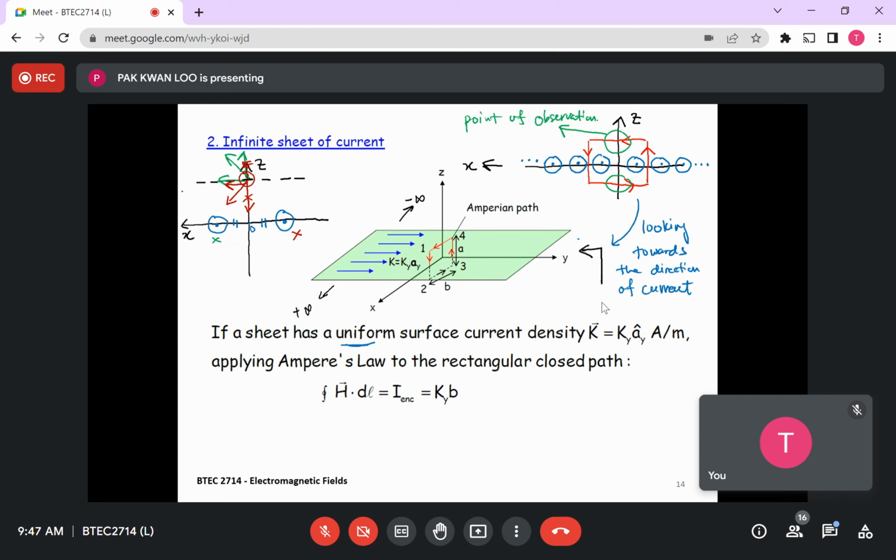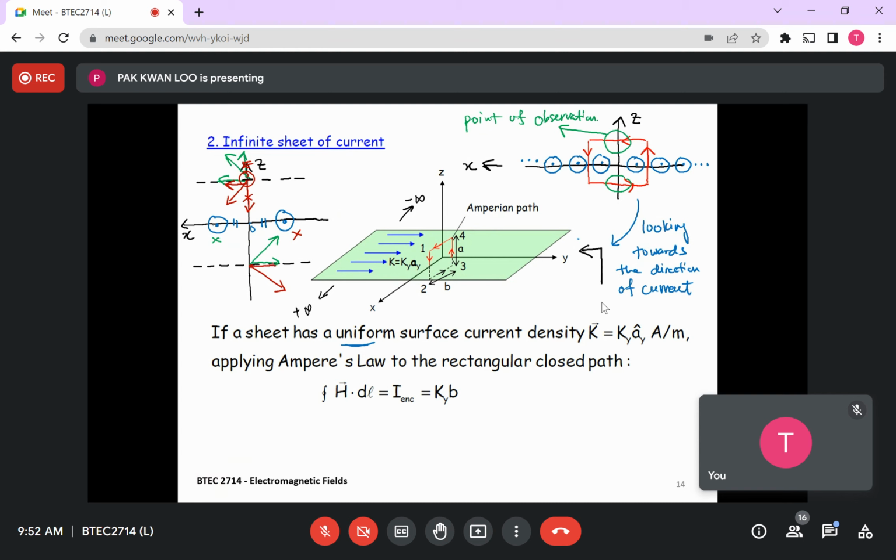So the magnetic field direction contributed by this current element is pointing towards here, and this will be pointing towards here. Again, the vertical components cancel off, and therefore both components only contribute in the horizontal direction.